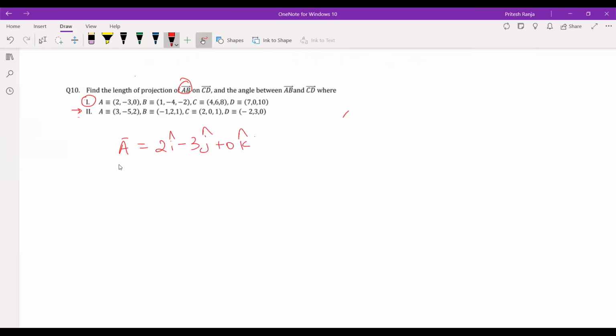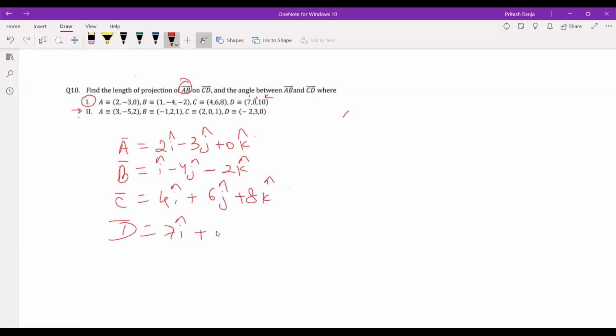B vector is i cap minus 4j cap minus 2k cap. Just with respect to points, I just keep adding i, j and k. C vector will be 4i cap plus 6j cap plus 8k cap. And D vector will be 7i cap plus 10k cap. There is no j cap because 0 is multiplied to that.